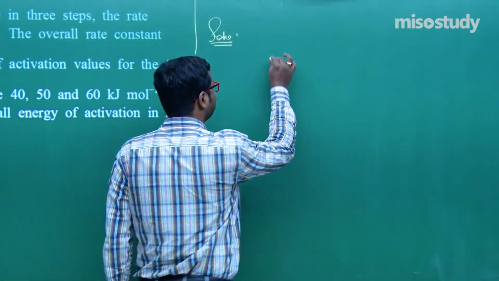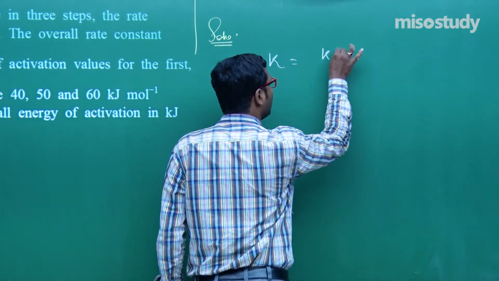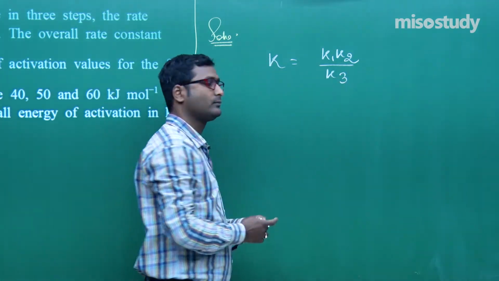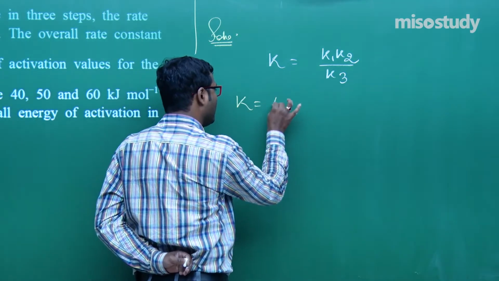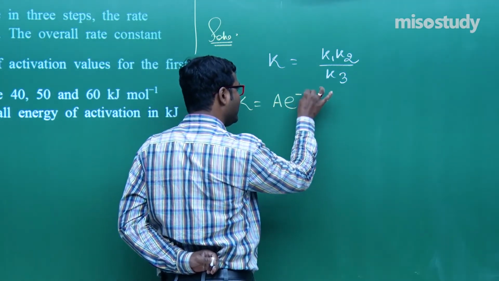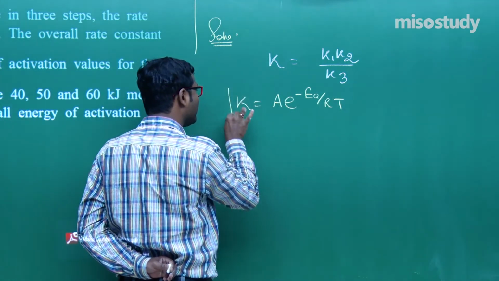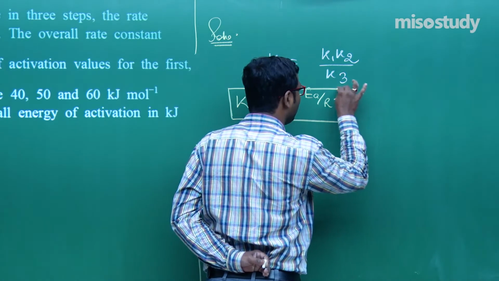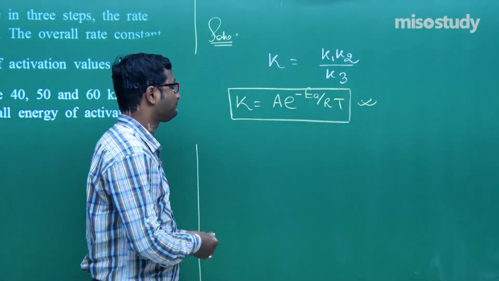What is given? k is equal to k1 into k2 upon k3. We know, remember, k is equal to A e to the power minus Ea upon RT. This is the Arrhenius equation. Now put this value here. Check it out, what will happen?